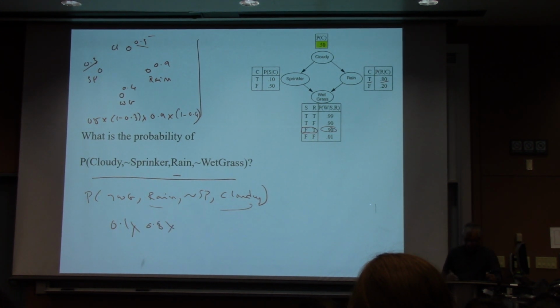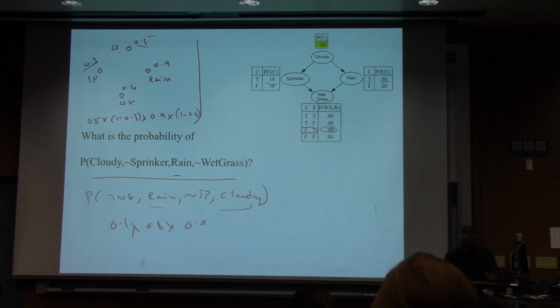Then not sprinkler given everything is nothing but not sprinkler given cloudy, its immediate parent. If cloudy is true, sprinkler is 0.1, so not sprinkler will be 0.9. Times probability of cloudy given everything else.